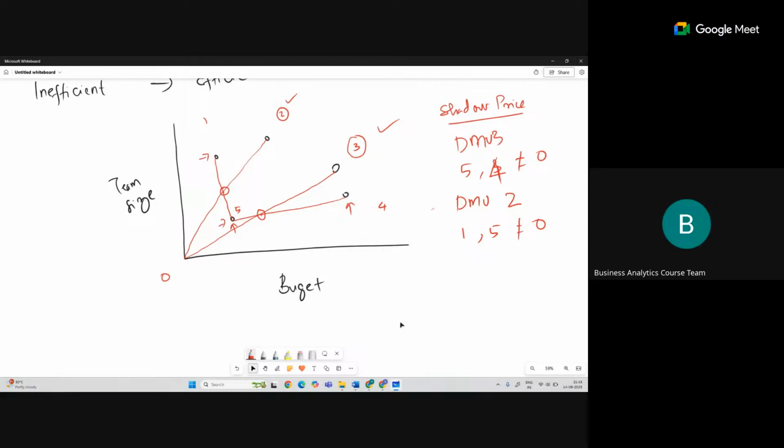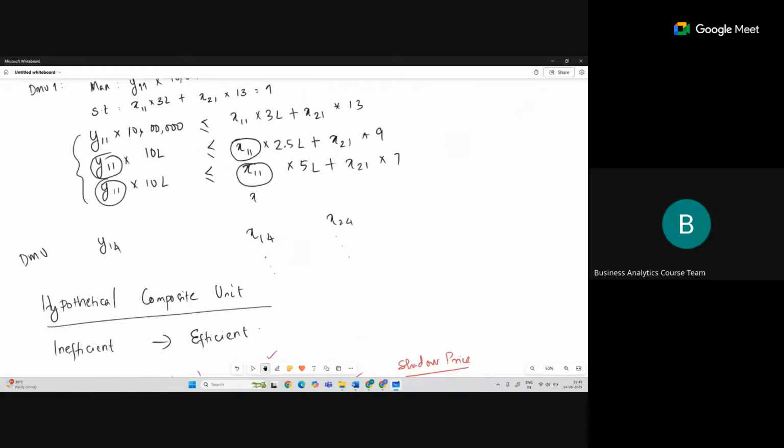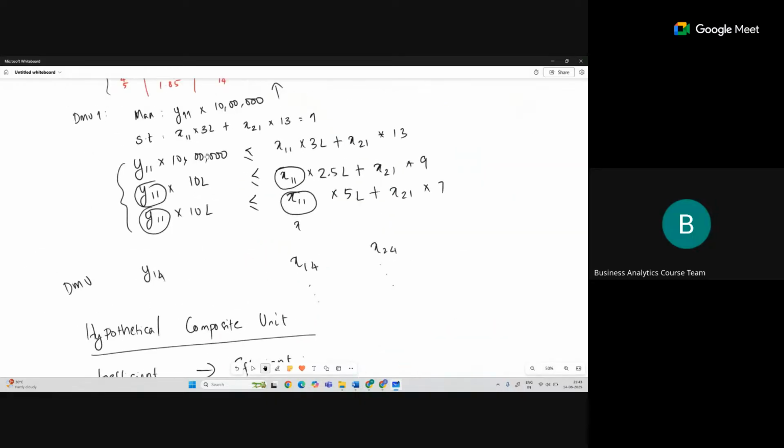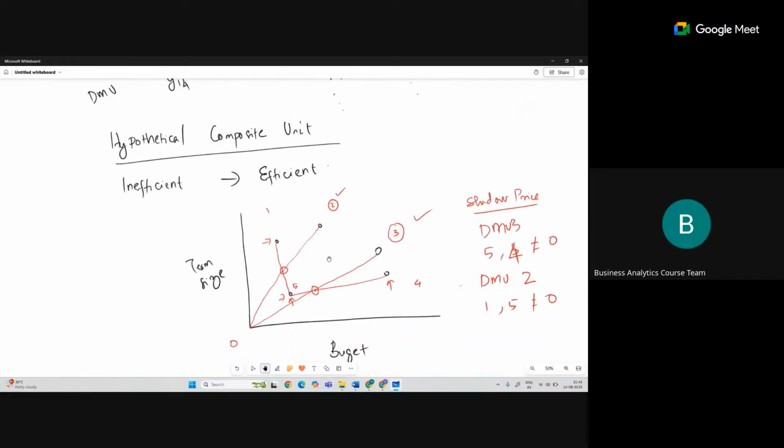Then we give an explicit condition saying that the output should always be less than or equal to input. And then we have the constraints. Then we saw something called the hypothetical composite unit. So how do you make an inefficient DMU efficient?